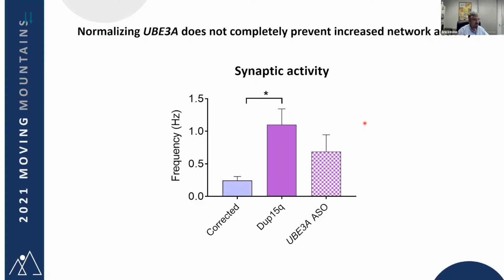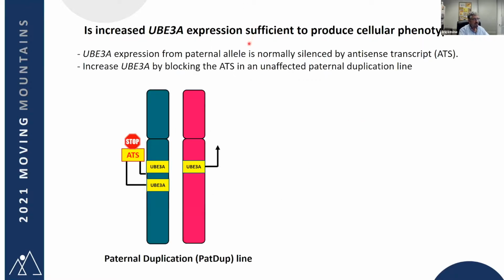And I'm going to come back to that in this next set of studies. So we've shown that the increase in UBE3A is required for most of those intrinsic phenotypes. We now want to ask the question, is increased UBE3A expression actually sufficient on its own to produce these cellular phenotypes?